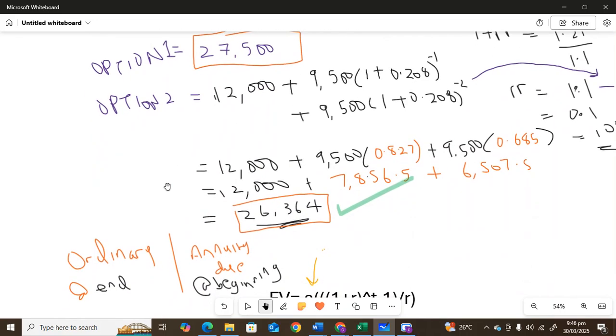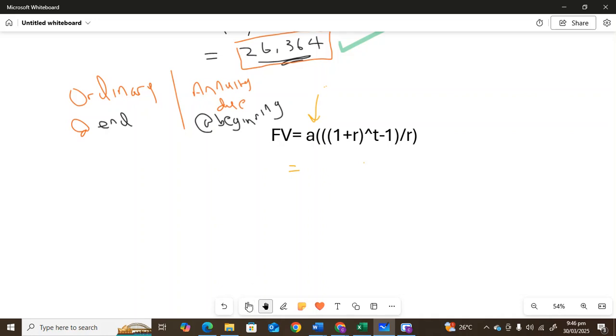So whenever there is compounding in the question, this is always what you have to do.